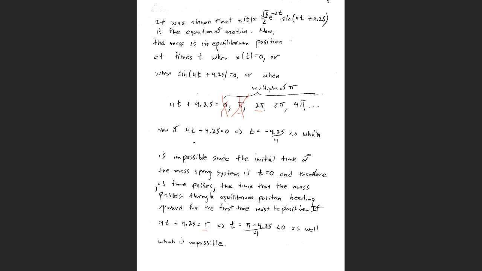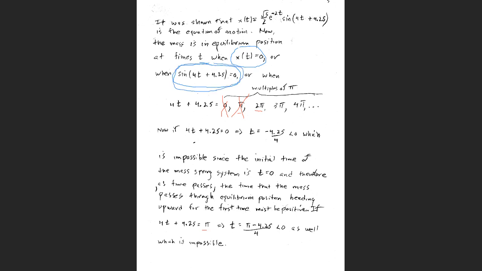Well, it has to do with this fact right here, that x of t will equal 0 when the sine of the angle 4t plus 4.25 equals 0.